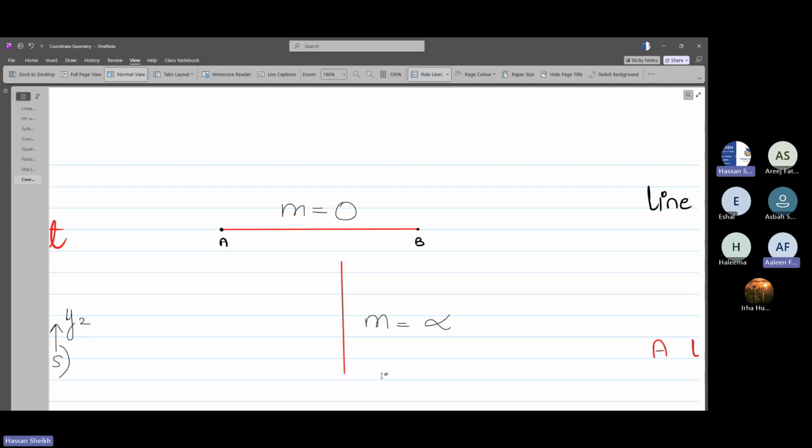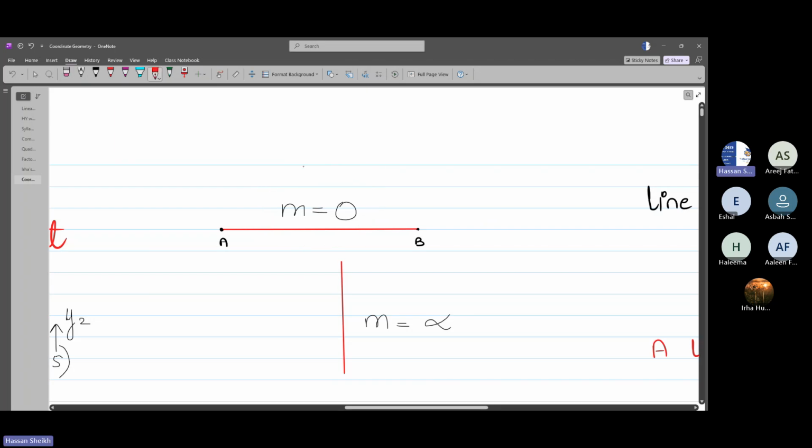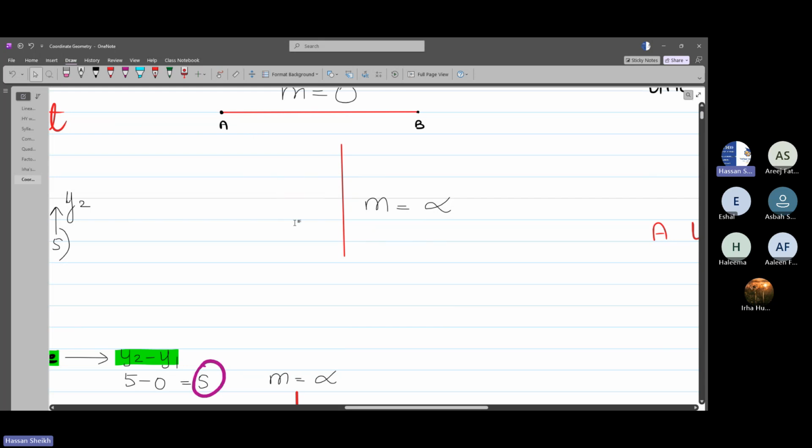The gradient of that line is zero? Obviously. And we represent this slope or gradient with the letter m. Lowercase m represents the slope or gradient of any line, or maybe a curve as well, but we are not discussing curves here.